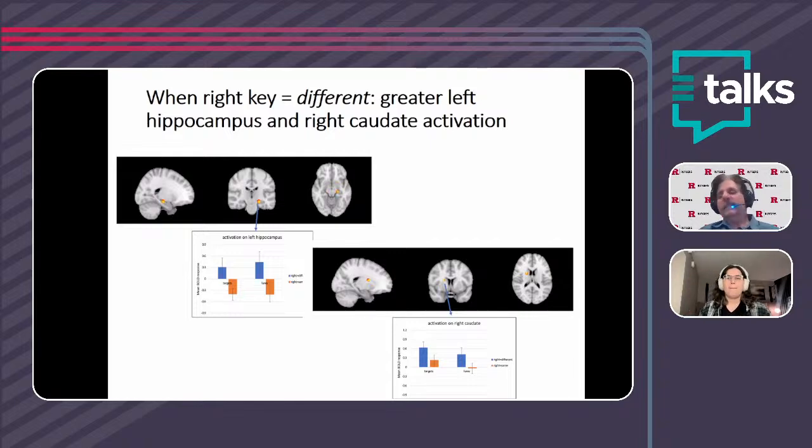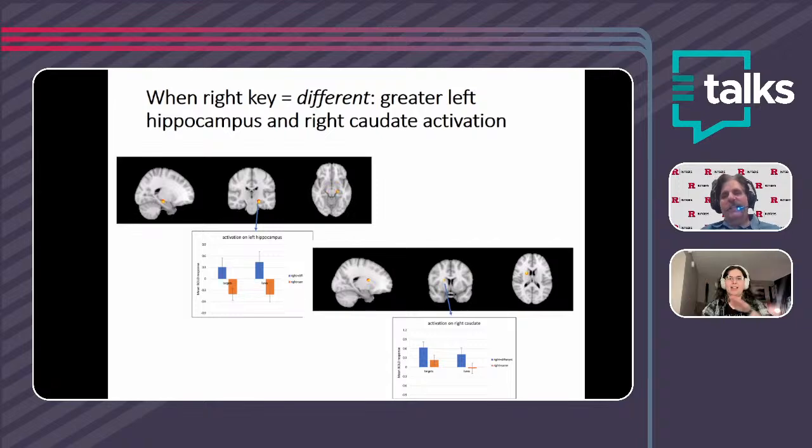But don't forget, this also includes the data if M was not in the string and you pressed the right key. This is an effect of response assignment and not response. You get a different result for both keys when the right key is assigned a different response versus the left. I see. That's important. So we're looking at the actual response when there's a response assignment.